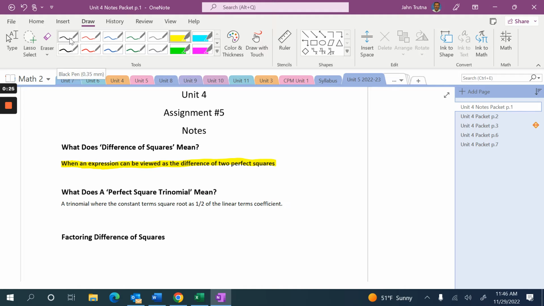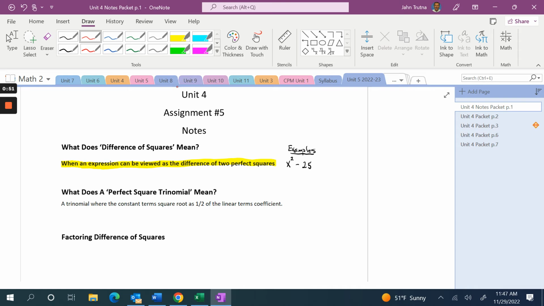Okay, so there's a couple things that have to happen for a difference of two squares. Let me give you a few examples, first of all, of expressions that would be considered difference of two squares. I'll give you three. X squared minus 25, that is a difference of two squares.